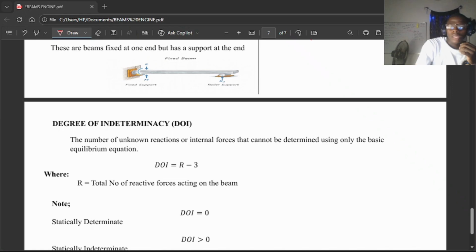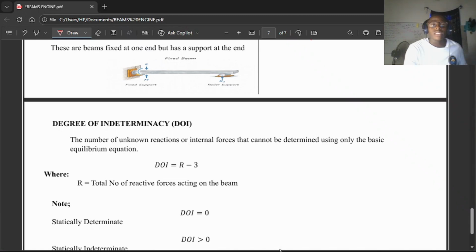Now, talking about degree of indeterminacy, what is degree of indeterminacy? That should be the first thing you ask yourself.